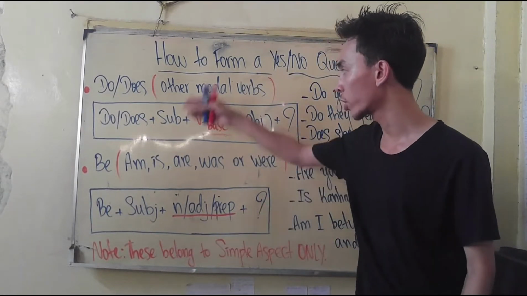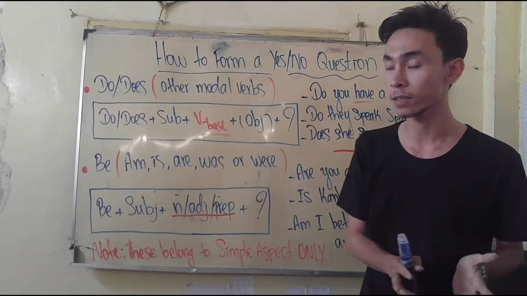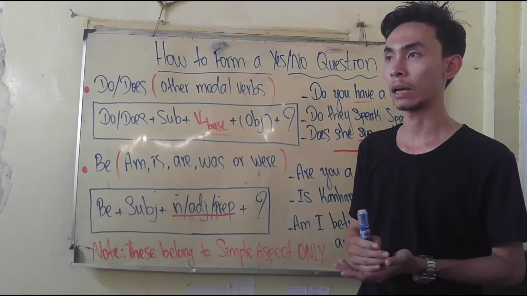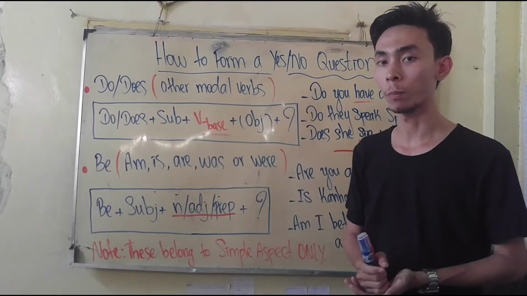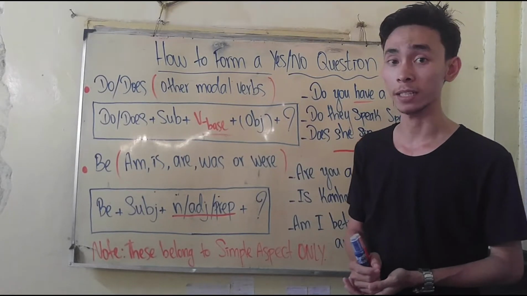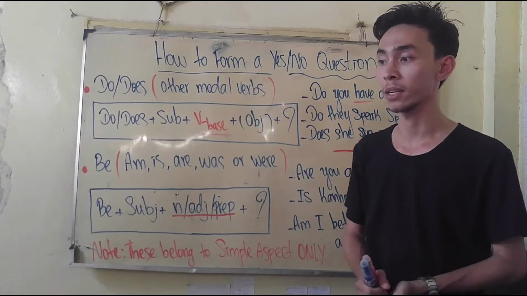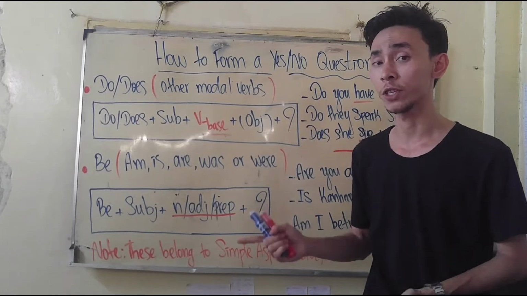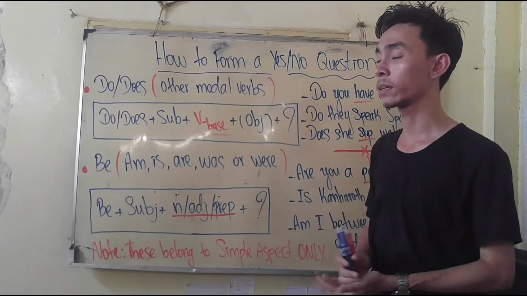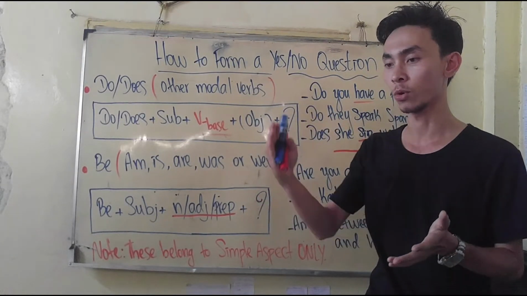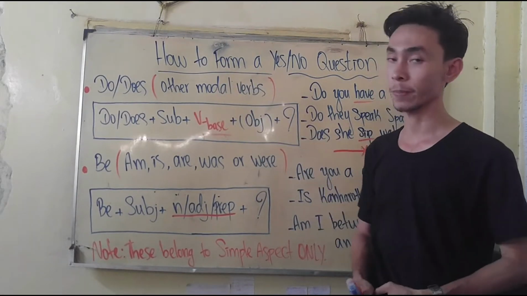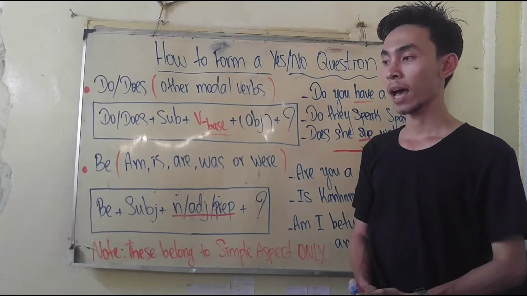These here refer to these two forms of today's lesson. We talk about the simple form, or simple aspect, because we have simple aspect, continuous aspect, and perfect aspect, and don't get confused. Now I'm talking about only when we use do or does or even verb to be in the simple aspect.